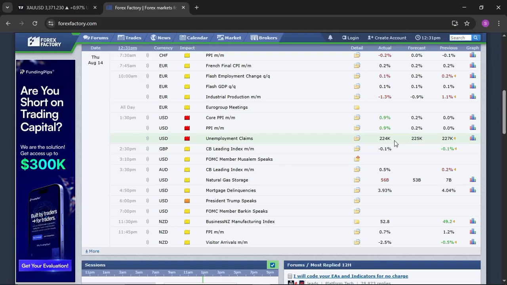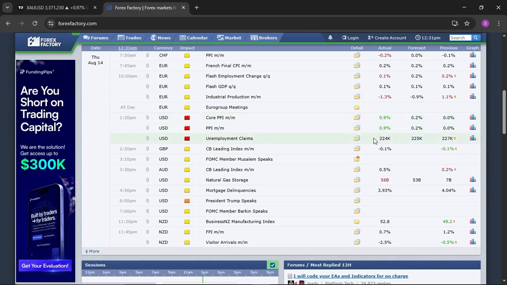That means it comes out also positive. So all of this is supposed to show green, but because the number is just a bit different, this one is entirely different. Actual less than forecast is good for currency. That is, all three news come out positive. That means gold will sell because the US dollar is buying.